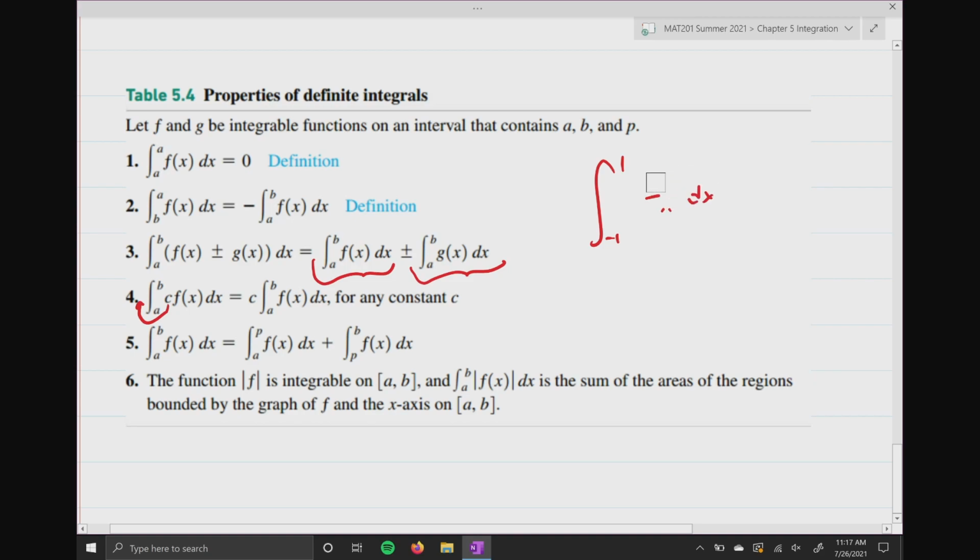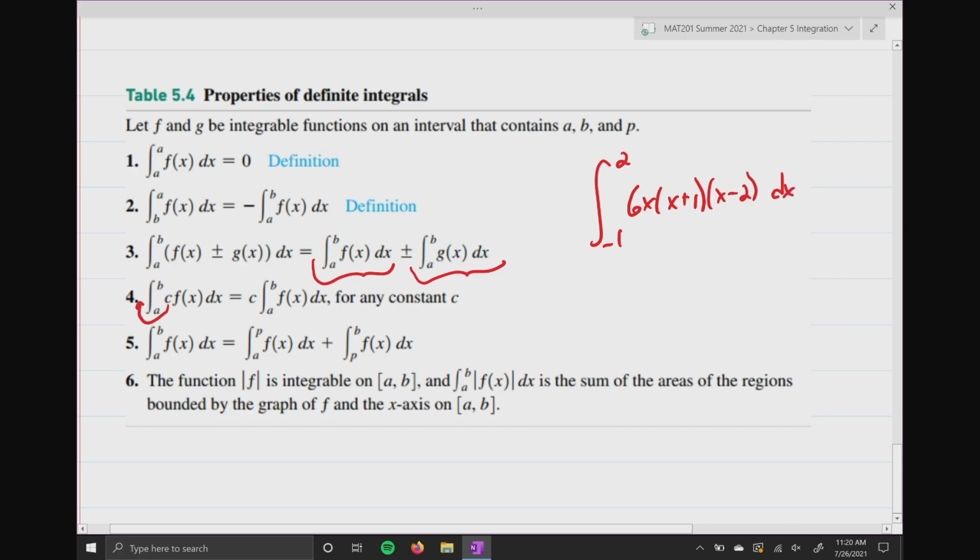No, that one's not a good one. Here's a better one. If we want to find the integral from -1 to 2 of 6x times x plus 1 times x minus 2 dx.